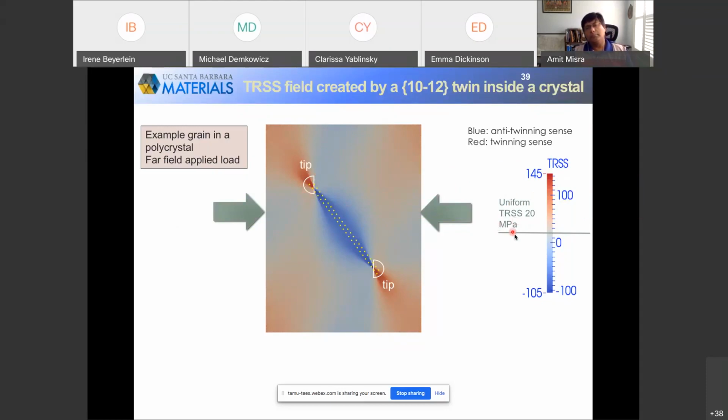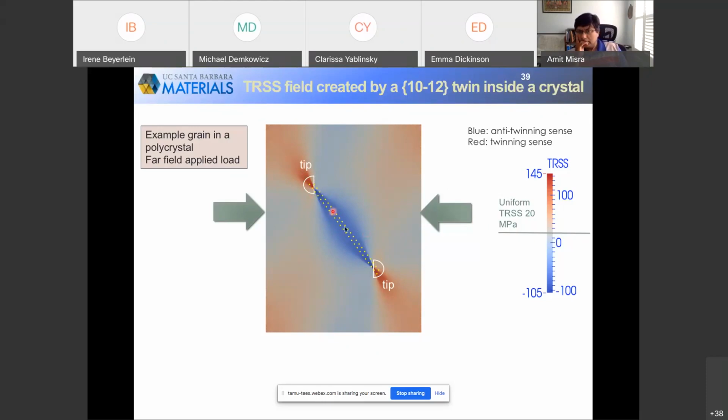Given that 20 megapascals was about the stress that was uniform in the material before we invoked the twin, here you can see that you get this high stress concentration above that value. And so that would suggest that just by forming that twin under that stress state, it could self-propagate forward at its tips and easily then get across the grain.